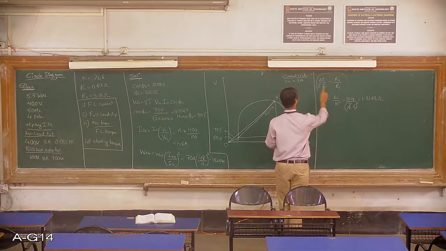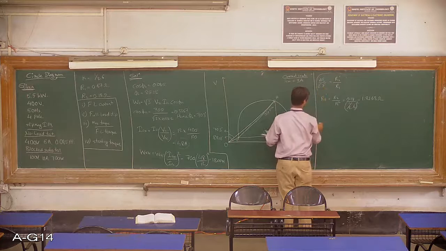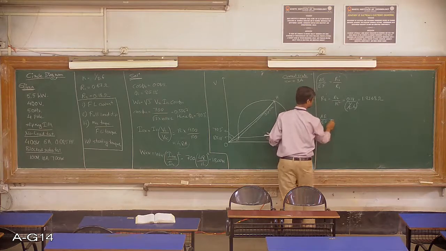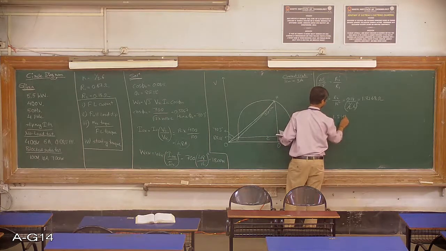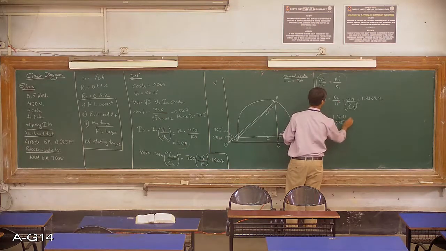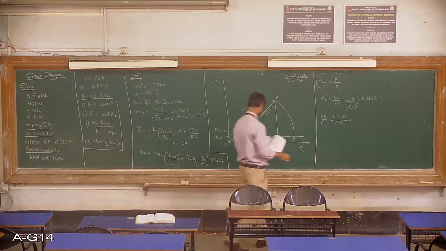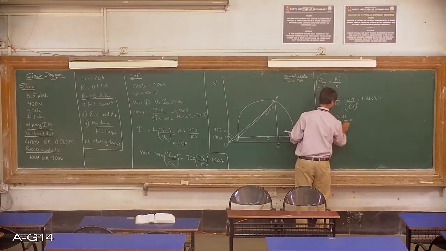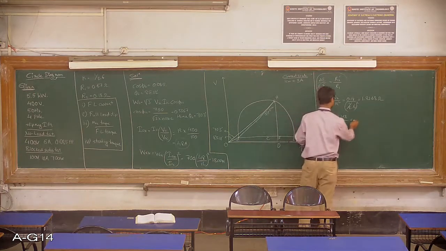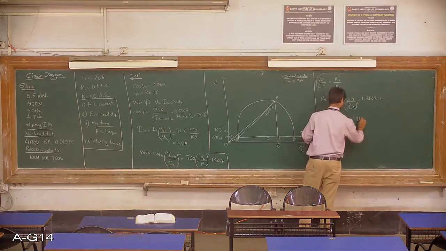Now R2 dash is calculated, so we can find the ratio of AE to EF. I can write it as 1.2168 divided by R1, which is 0.68. Since both are numbers, we can finally calculate that it is equal to 1.8161.